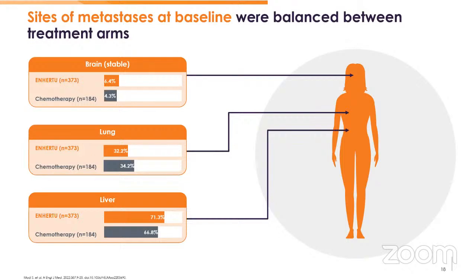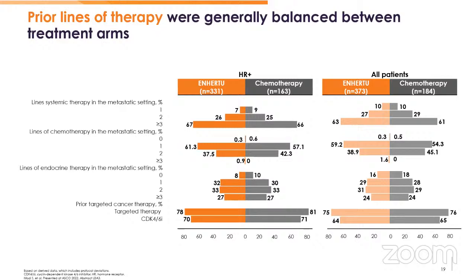And this is something we see in our practice. A lot of these HER2 low hormone receptor positive patients tend to have lung metastasis. And these were very heavily treated patients. Almost 67% of these patients had received more than 3 lines of therapy.